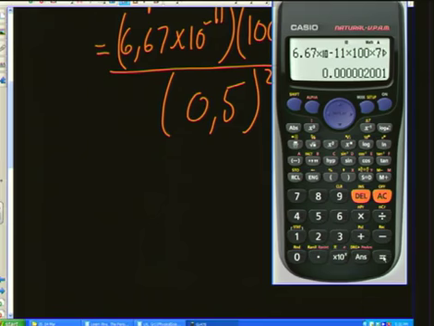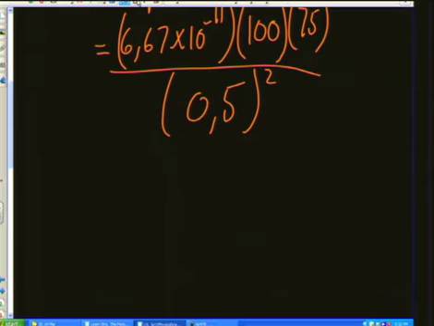That gives me an answer, and again, it's got 0,00, and I don't like those answers. So, I'm going to count the number of decimal places. 1, 2, 3, 4, 5, 6. If I multiply this by 10 to the 6, then I'll get the answer of 2,0 times 10 to the minus 6 newtons.